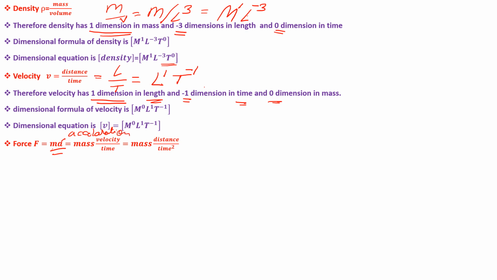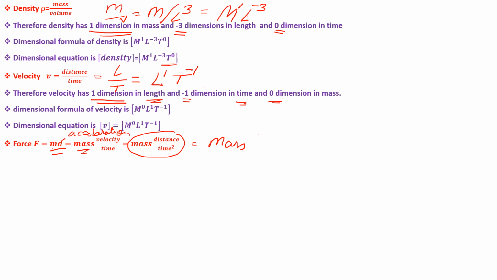velocity divided by time. So mass is already there, and mass into acceleration can be written as mass into velocity by time. But what is velocity?